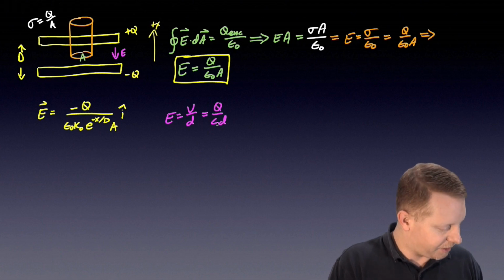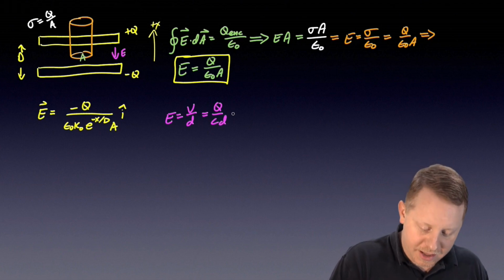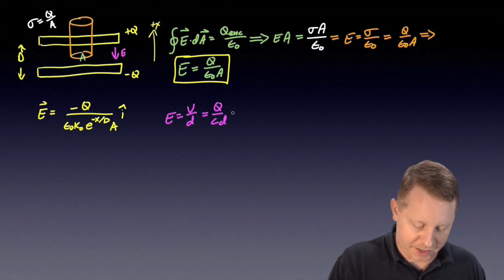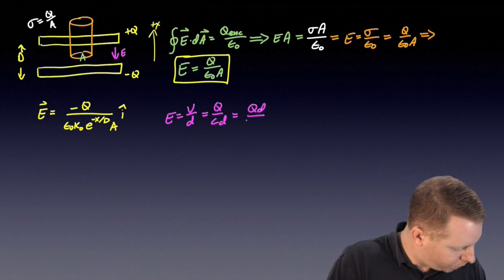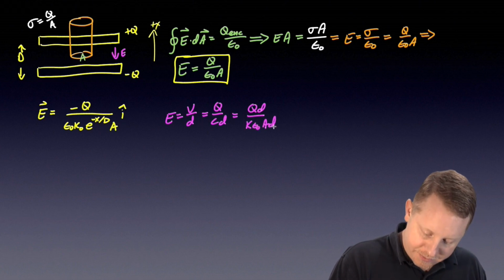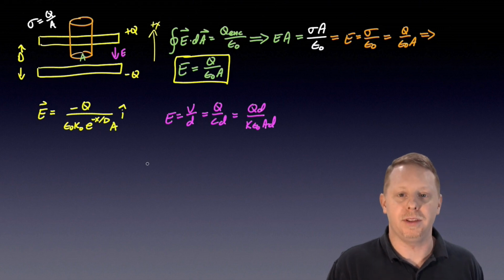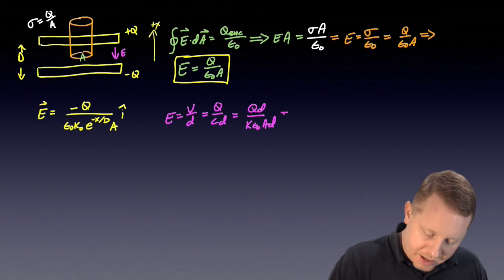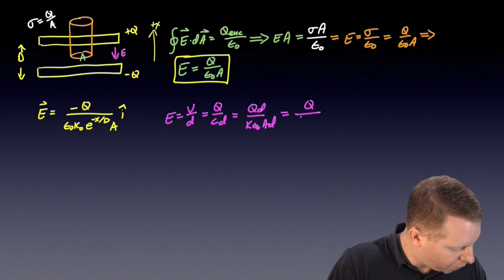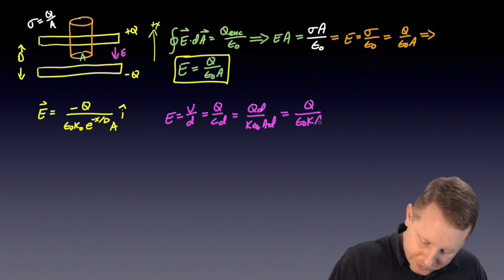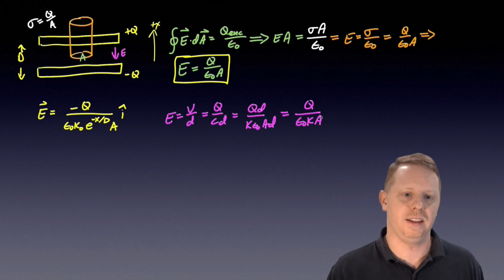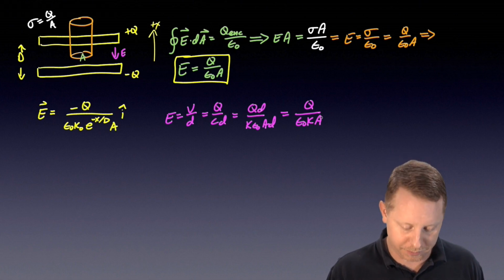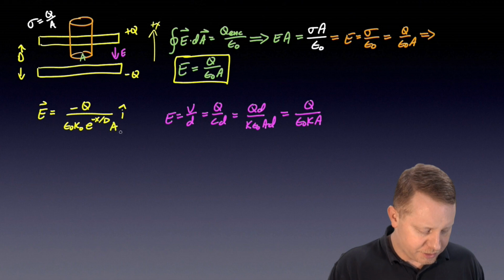But the capacitance is kappa epsilon naught A over d for a parallel plate capacitor, so that will be Q d over kappa epsilon naught A d. The distances between the plates will cancel out, and I would get something that looks like Q over epsilon naught kappa A, which is what I would typically get for the electric field for a standard constant dielectric capacitor. That's pretty close to this formula.